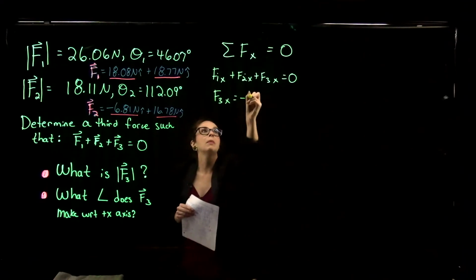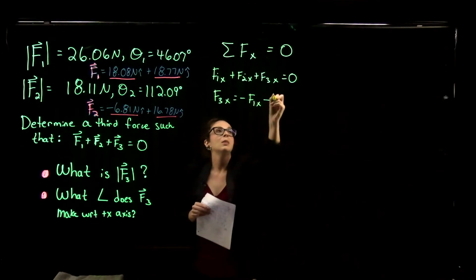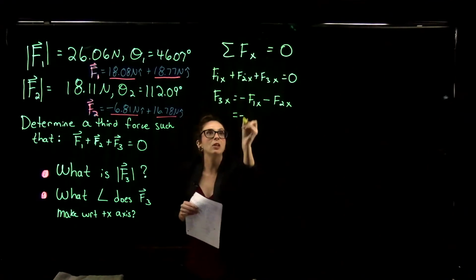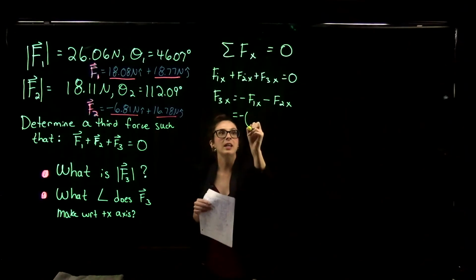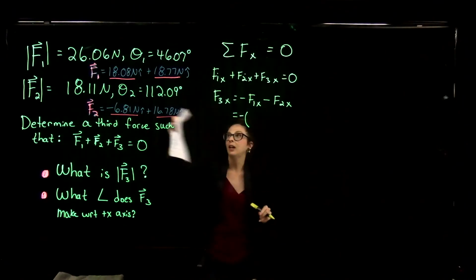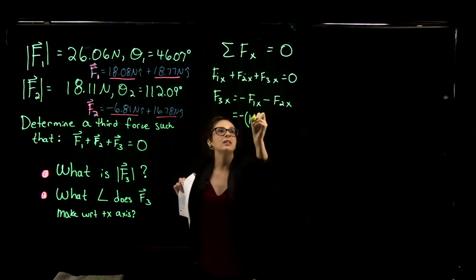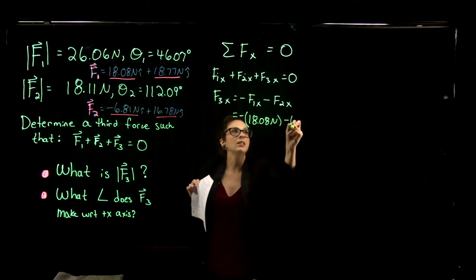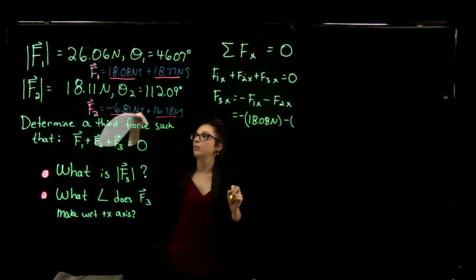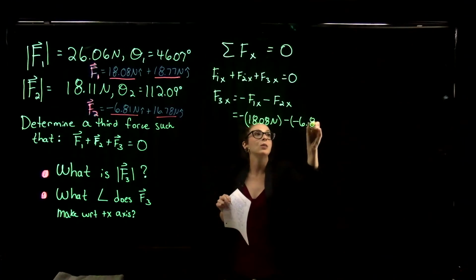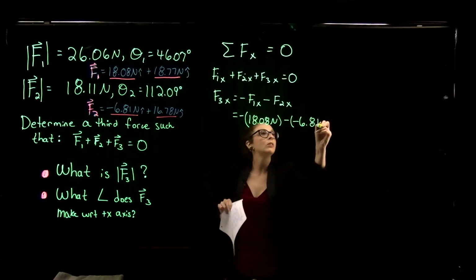F3x is equal to minus F1x minus F2x. Now I can just plug in those numbers. F3x is equal to negative the x component of F1, so that was 18.08 newtons, minus the x component of F2, so that would be minus negative 6.81 newtons.